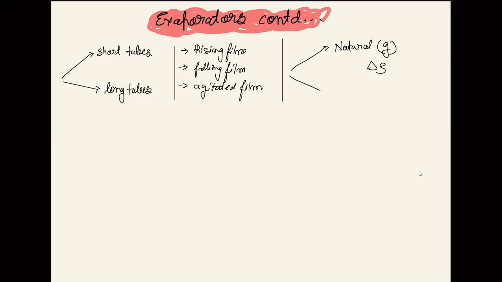Or we have forced convection, wherein we are using pumps. The only reason I want to emphasize these types is because they can give you another insight or overview of the things, and will help you in answering MCQs in your placement tests.